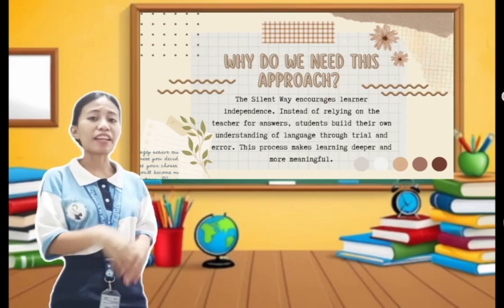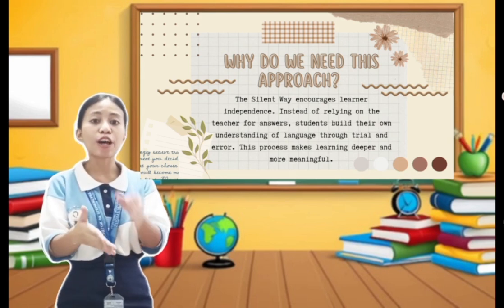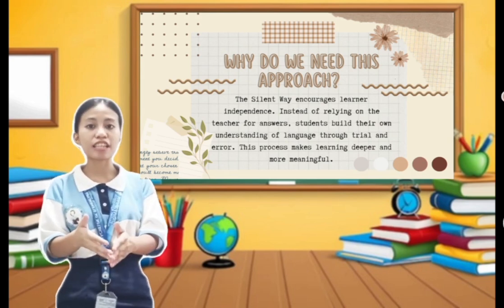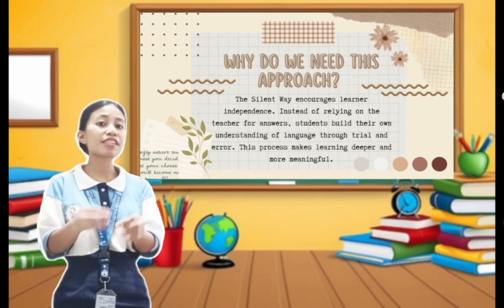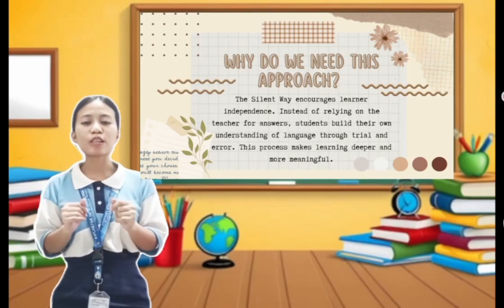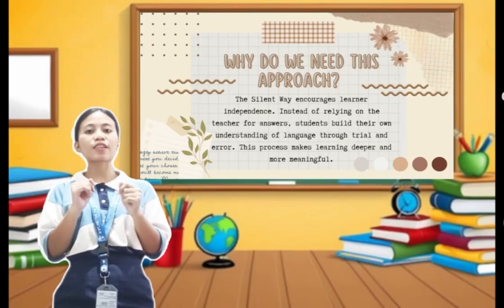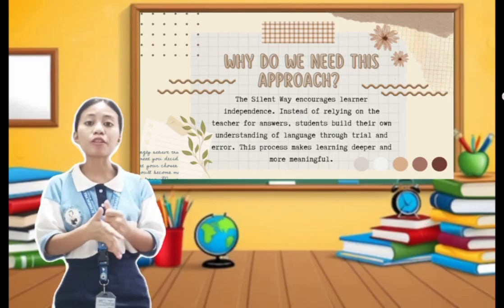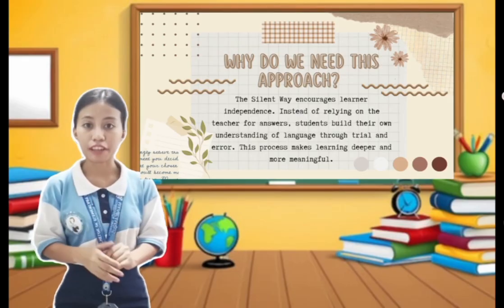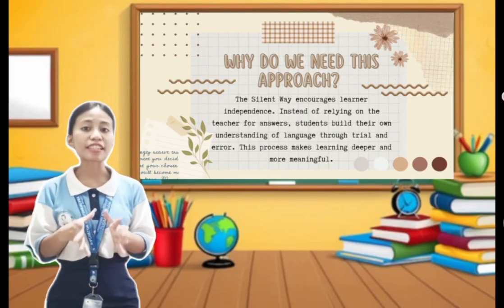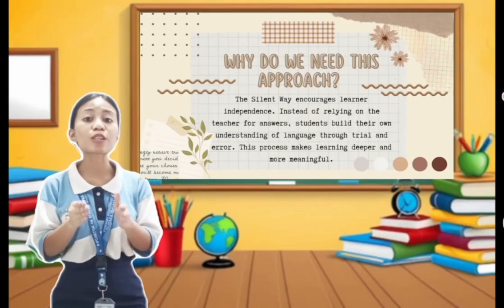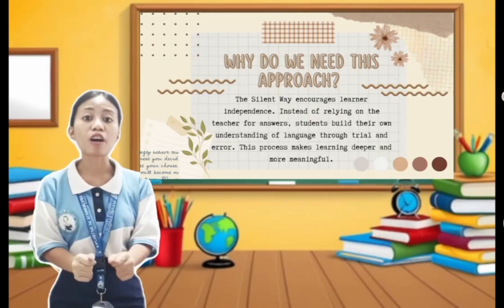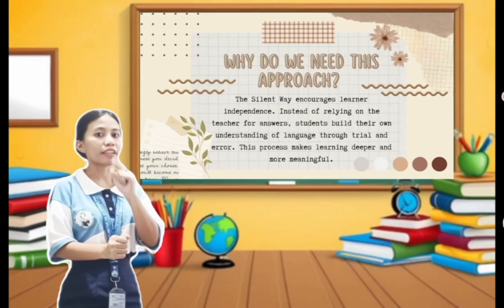Say a teacher is helping students learn colors in English. Instead of saying, this is red, this is blue, the teacher gives the students colored blocks, which are Cuisenaire rods, and points to a chart with color names. The teacher stays silent, allowing the students to match the blocks with the correct color names.